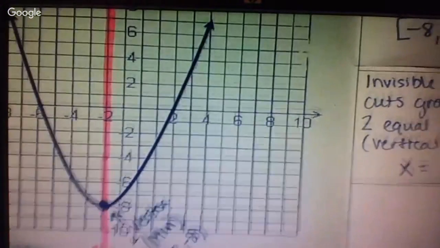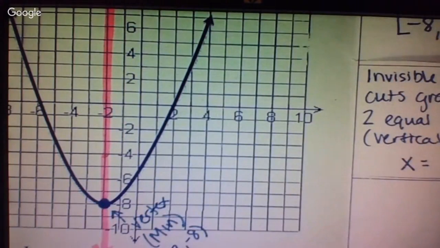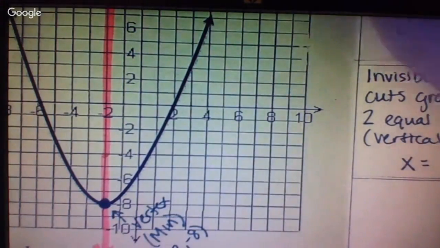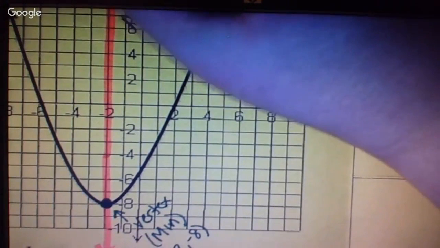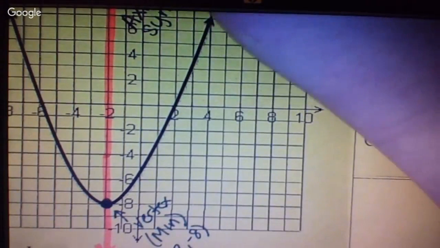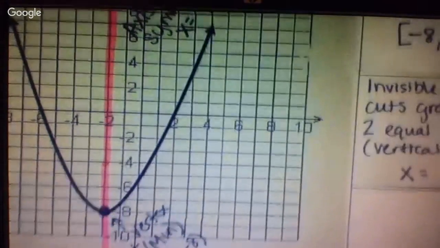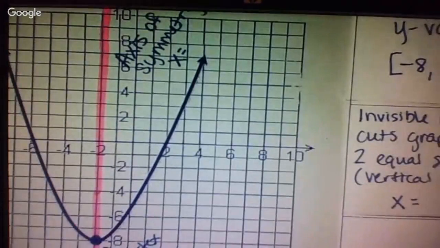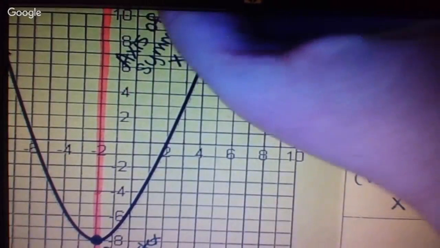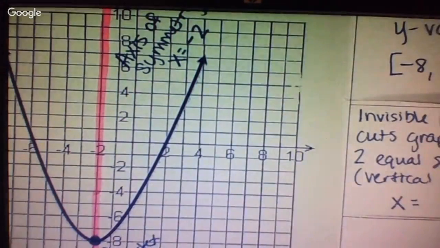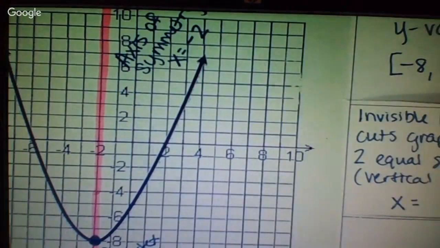That's your axis of symmetry, and it's x equals. What number does it go through on the x-axis? -2. So the number in your equation for the axis of symmetry should always match the x part of your vertex. If it does not, there's something wrong.